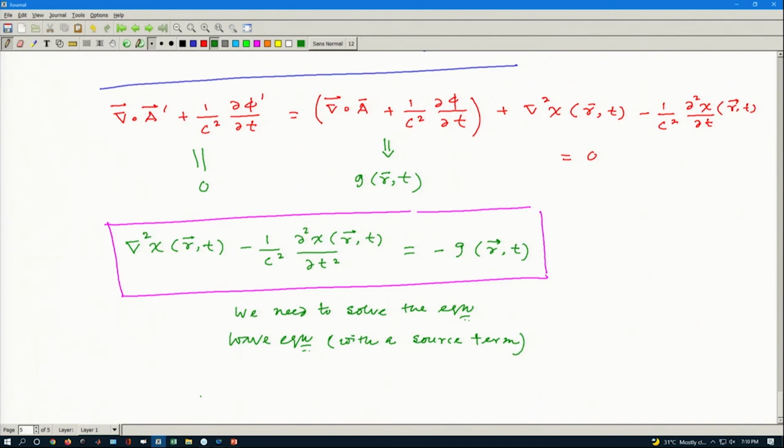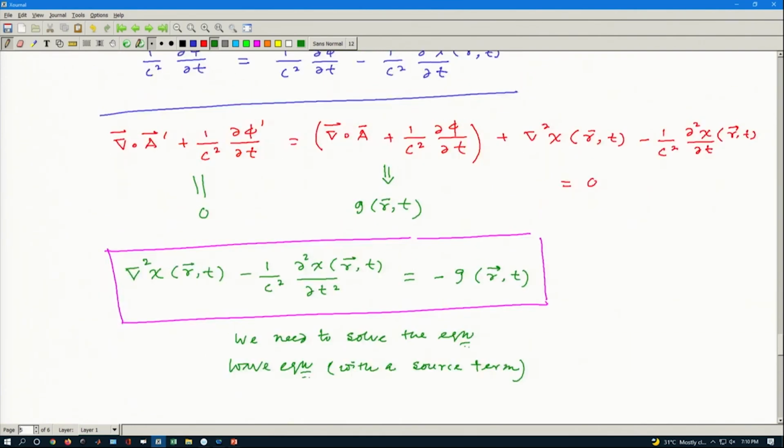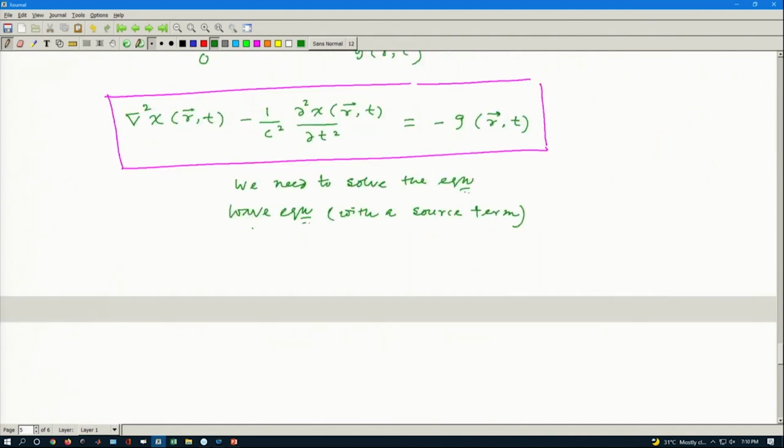So for Maxwell's 4 equations, which deal with the electric field and magnetic field, we gradually extracted this information in the form of A and phi, and eventually we solve for A and phi.